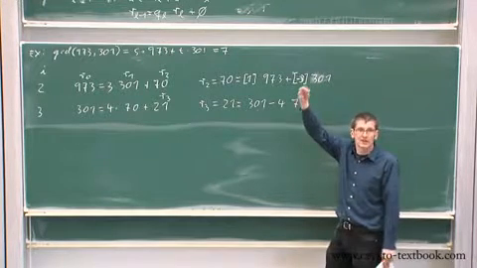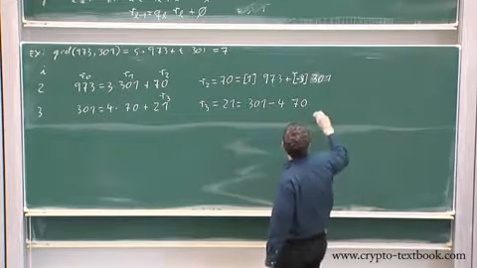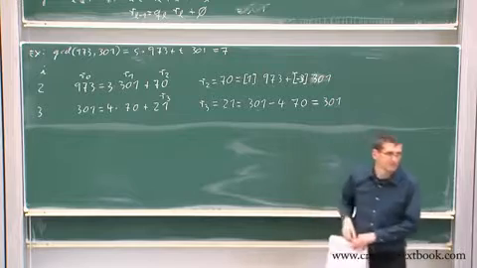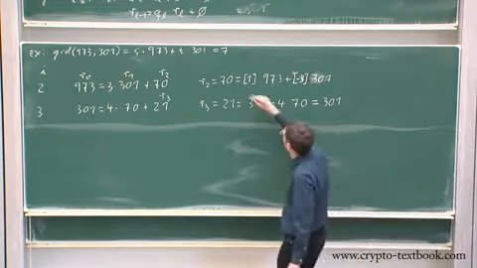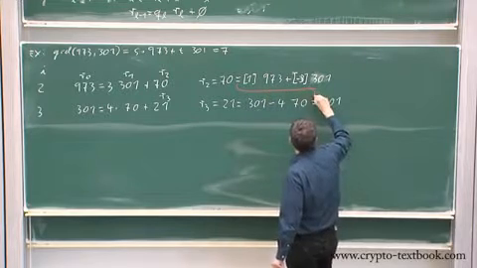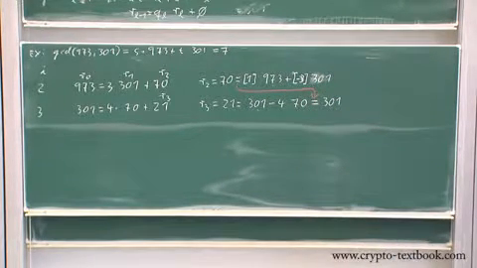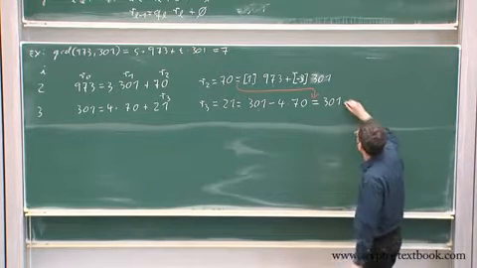Einsetzen. You go one line up and you substitute. Orange means important, okay? So 301 we keep untouched.